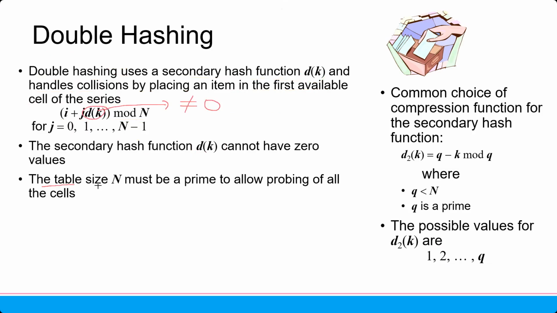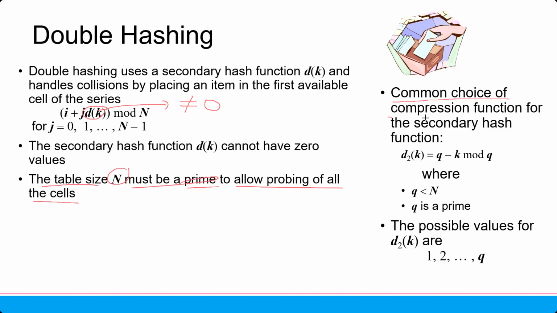And the table size n must be a prime. Prime is a number that can be divided only by one and its own number. This is to allow probing of all cells. So we want to find the proper cells for this double hashing.